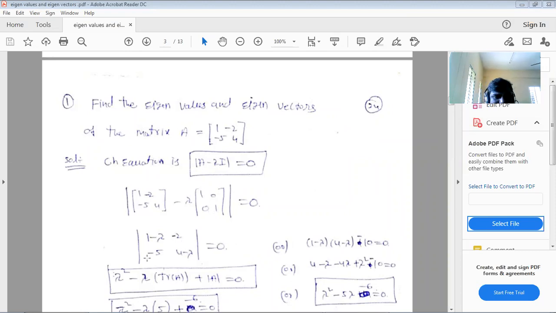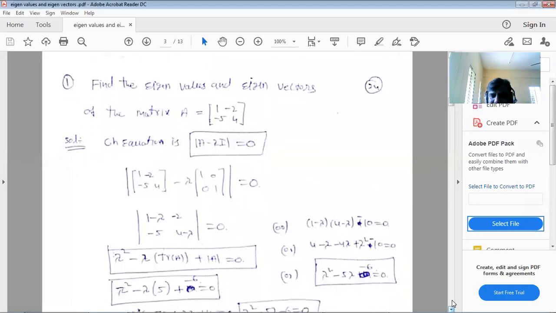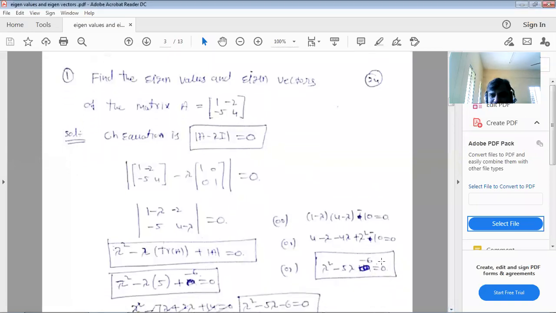For a 2 by 2 matrix, the determinant is easy to find: AD minus BC. Not a problem. Calculating AD minus BC, I get lambda square minus 5 lambda minus 6 is equal to 0. This is the easy way when the numbers are given, but when the elements contain variables, it is difficult to find the characteristic equation.